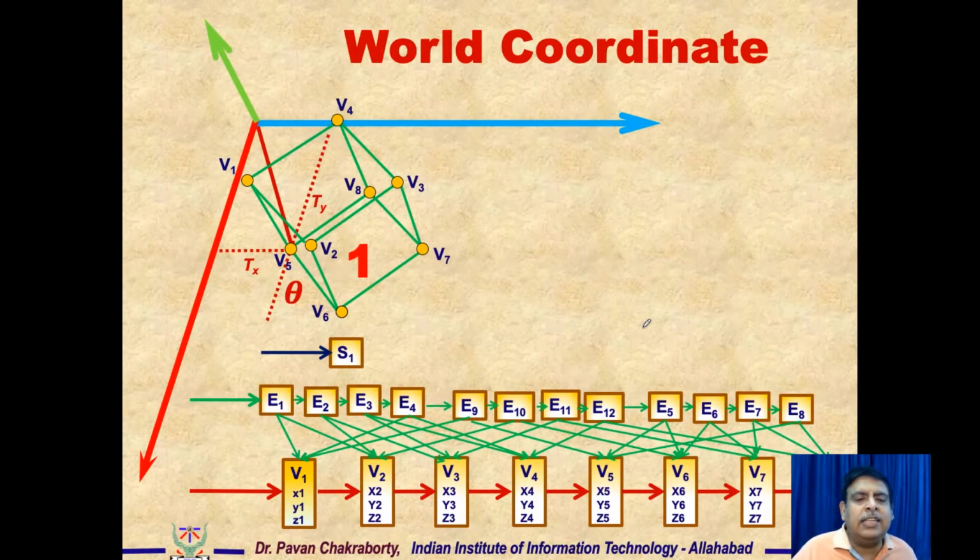Now these edges are connected together to form surfaces, S1 being the top surface of the cube.